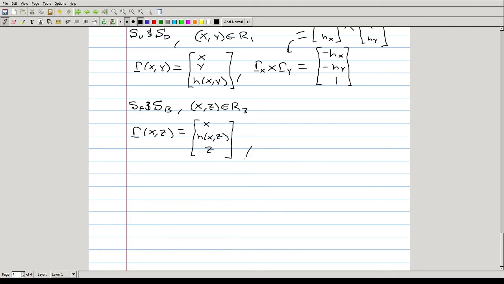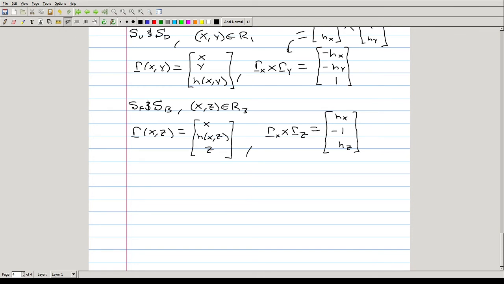When we take the normal vector rx cross rz, we're going to end up getting a normal vector that is a little bit different because of the structure of this parameterization. We'll get hx, negative 1, hz. But remember, we have to choose these normals consistently, so this is what we'll be doing when we get to the very end.